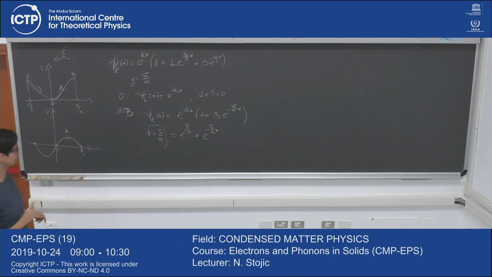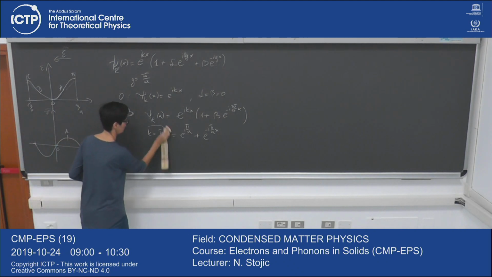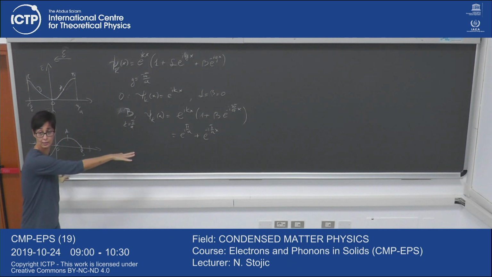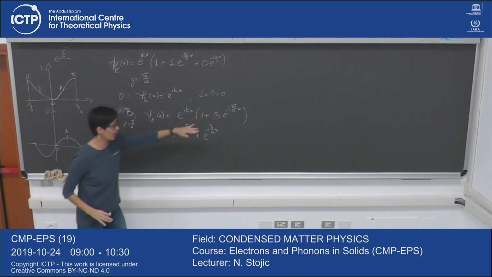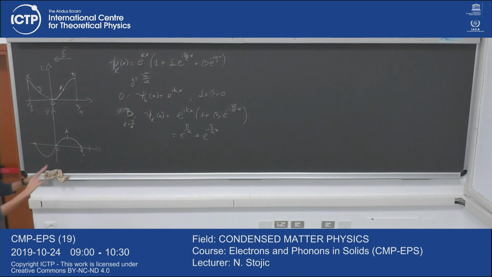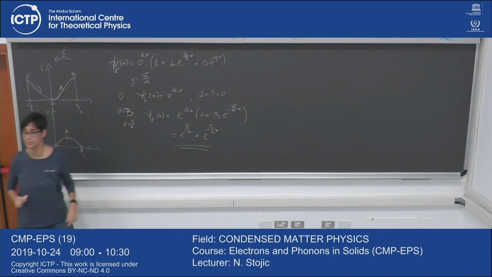Correct? So this I should put on the side. Do you agree with this? I'm imposing that beta be 1. I haven't yet justified it completely, but I put it here. What do I obtain? What is this equation?